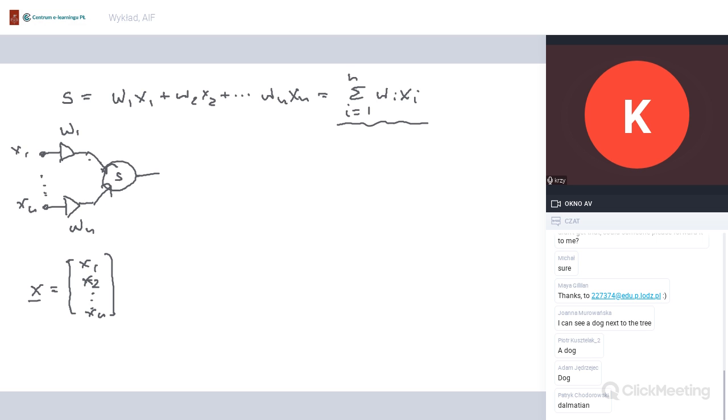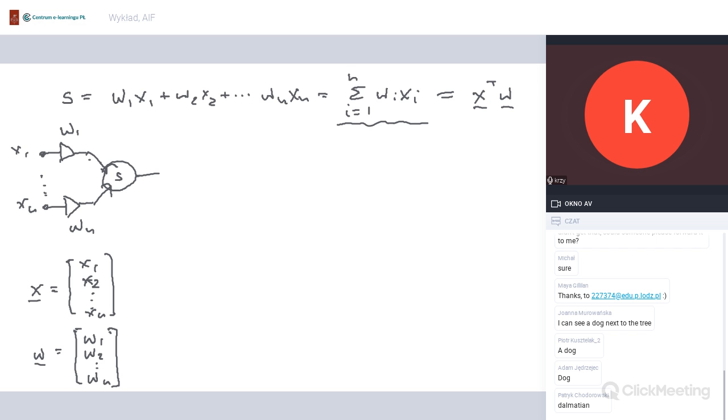And similarly, I can arrange all these weights into a weight vector. So I'll have a weight vector that is again composed of n components, and these components correspond to these properties of synapses. And I can say that this operation is a simple dot product of these two vectors.